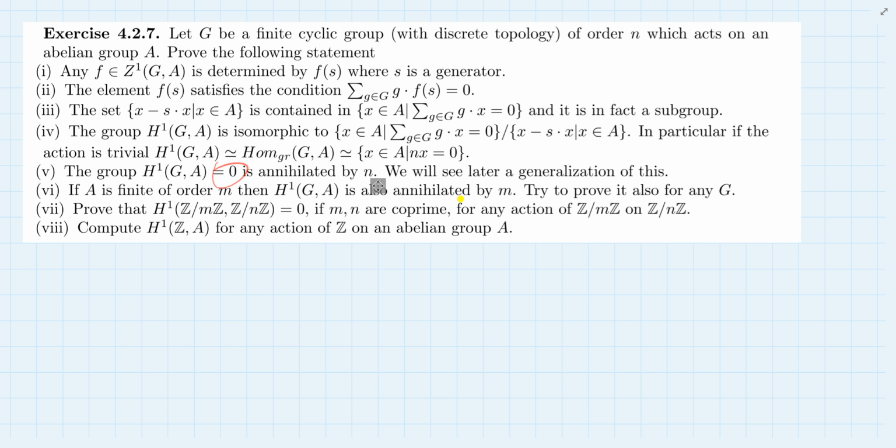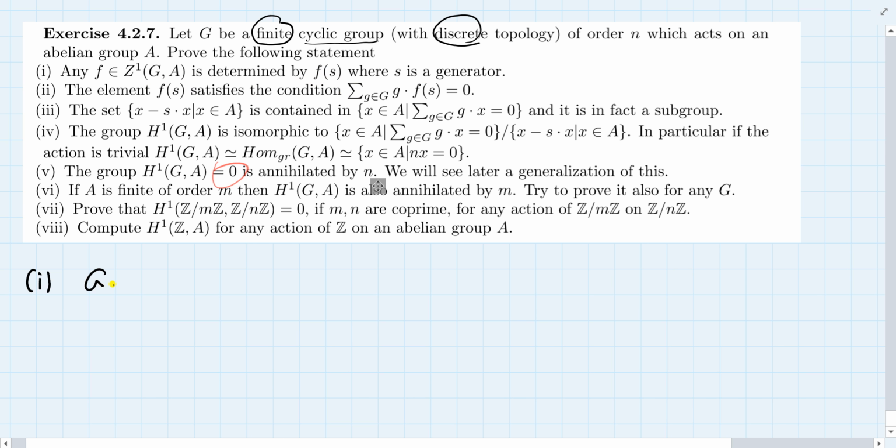So this exercise said: let G be a finite cyclic group with discrete topology, so there is no problem with continuity, of order n, acting on an abelian group A. Prove the following statement. The first one says an element from the cocycle is determined by the element acting on S, where S is the generator.